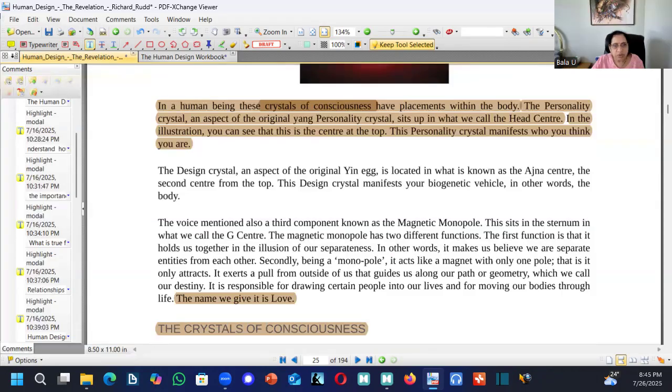So the voice mentioned also a third component known as the magnetic monopole. This sits in the sternum in what we call the G center. You need to take note of this. We are talking about 7 chakras, right? He talks about a G chakra and a spleen chakra additionally, which we also studied in the other book. So now the powers of the chakras that we have learned have also undergone a change.